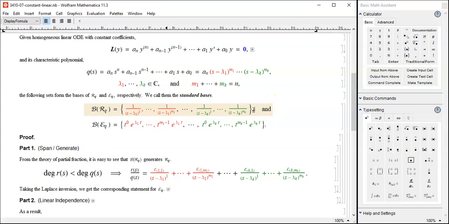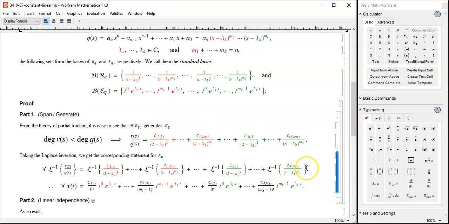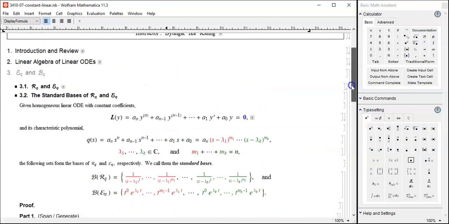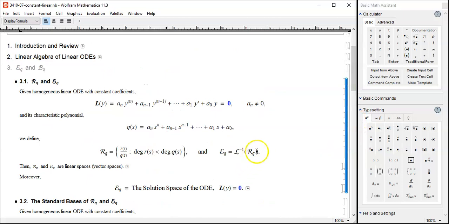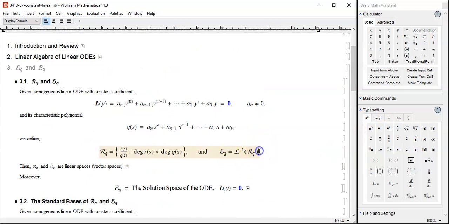Now, from here, let's take the Laplace inversion and let's see what we're going to get. So the arbitrary element of EQ looks like this. Let's go back to the definition of EQ. It was defined through the Laplace inversion of RQ. An arbitrary element of RQ looks like this, R of S over Q of S, and then take the Laplace inversion there.